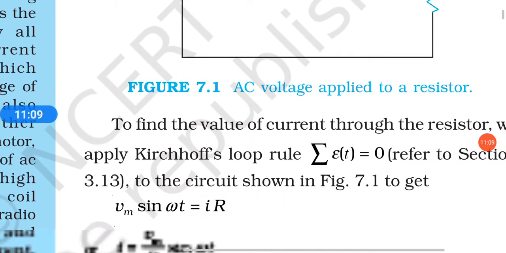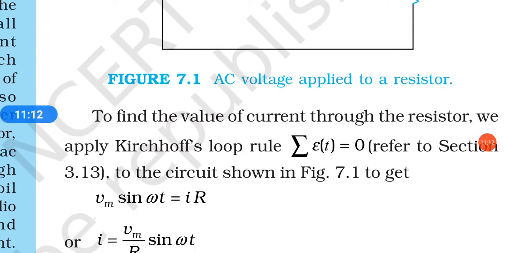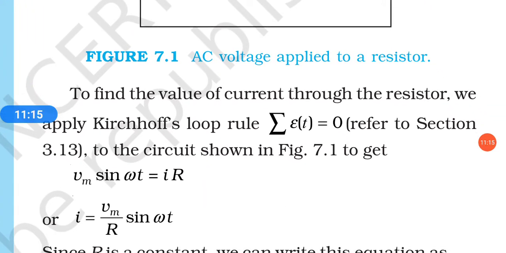To find the value of current through the resistor, we apply the Kirchhoff loop rule: the summation of epsilon(t) equals 0. We study Kirchhoff's voltage law in chapter 3.